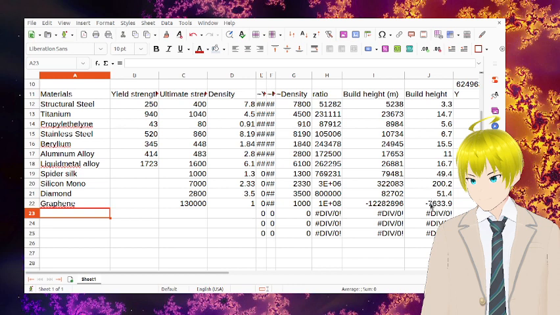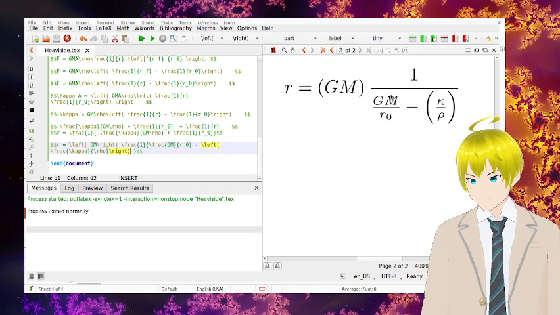Well, basically what happened is we passed infinity. So basically, this ultimate build height, how high you can build, eventually we get to a place where we can build infinitely high because of this ratio here. See this ratio here? When kappa over rho equals GM over r naught, r goes to infinity.